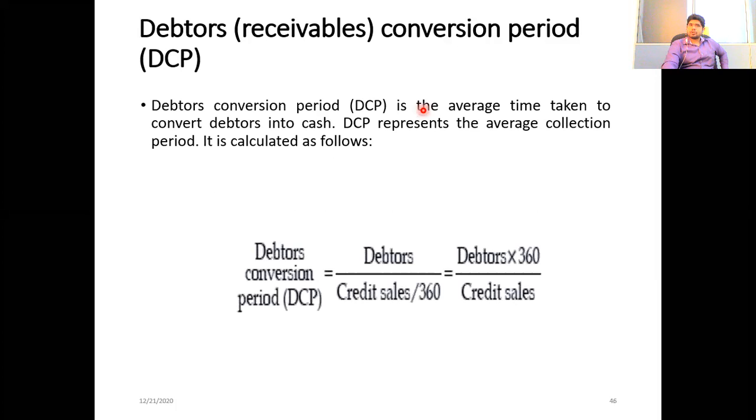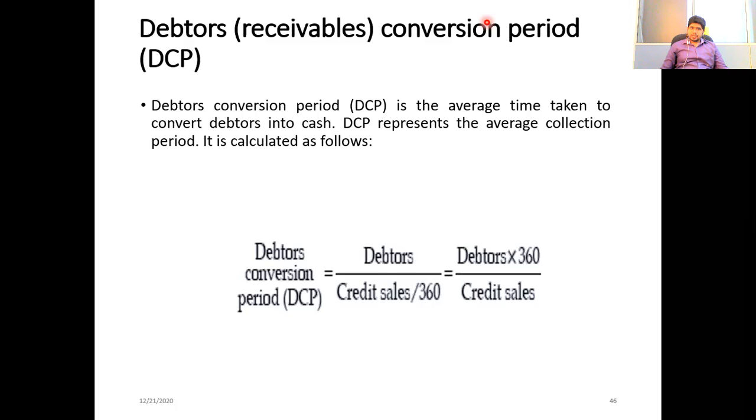And second, the second part of the gross operating cycle is the debtors or receivable conversion period. Debtors conversion period is the average time taken to convert debtors into cash. It's the period between the sales and the collection of cash. So debtors collection period represents the average collection period.